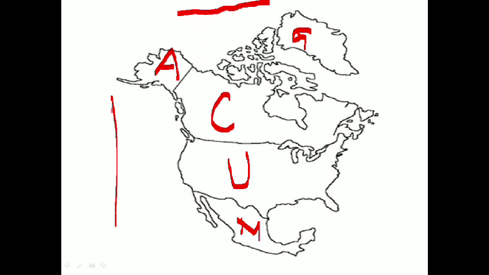Geographically, on the north side we have the Arctic Ocean; south we have South America, the continent; east side we have the Atlantic Ocean; and west we have the Pacific Ocean. So north Arctic, south South America, east Atlantic Ocean, west Pacific Ocean.